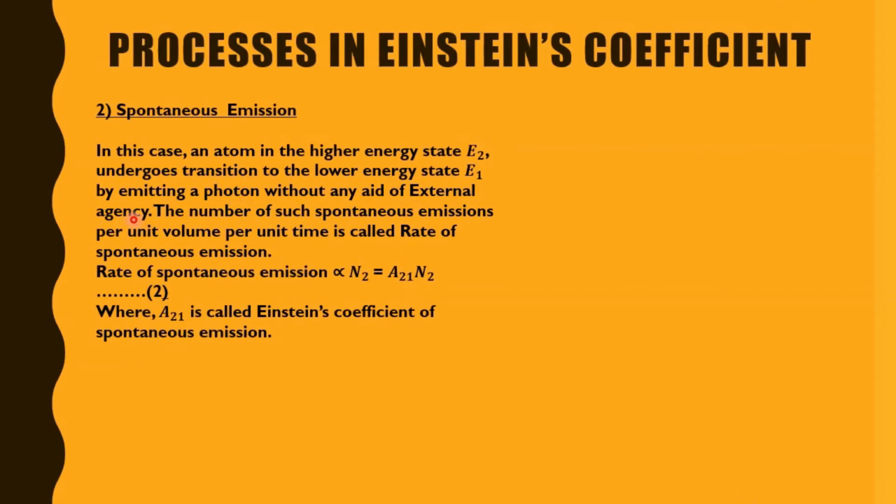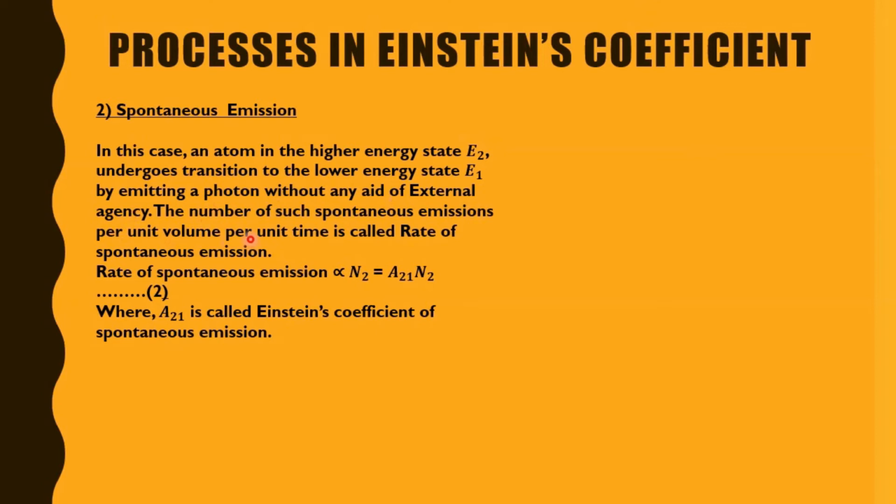That is just the opposite of induced absorption. In induced absorption, it moves from E1 to E2 and absorbs a photon. Here it will move from E2 to E1 and emit a photon.